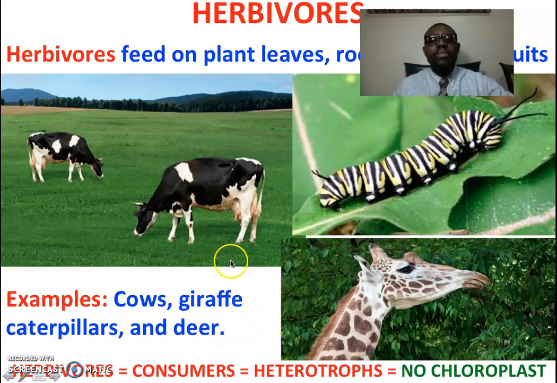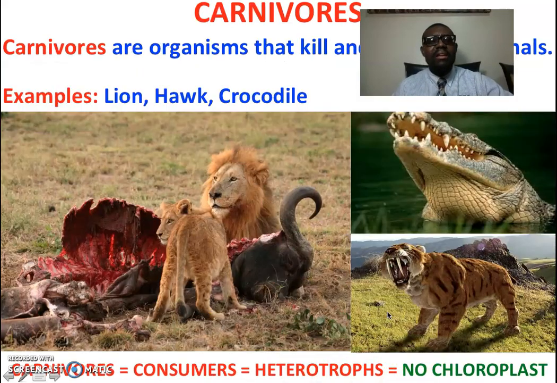These organisms feed on only plant products. Herbivores are consumers, they are heterotrophs, and they don't have any chloroplasts. The next is carnivores. Carnivores are organisms that kill and eat other organisms. Examples are lion, hog, and crocodile. Carnivores are consumers, they are heterotrophs, and they have no chloroplasts.